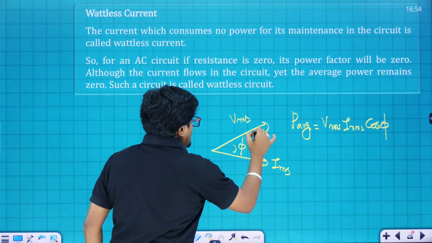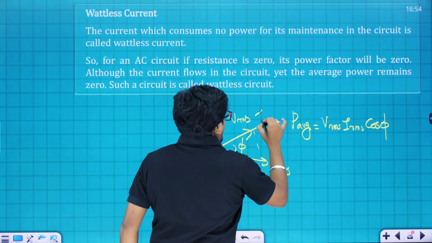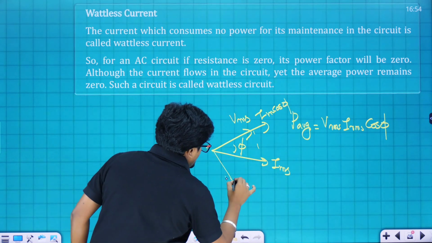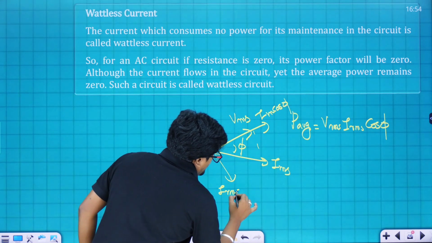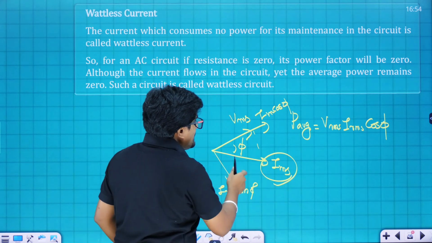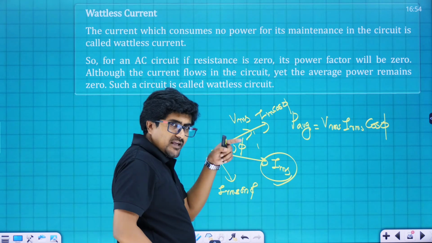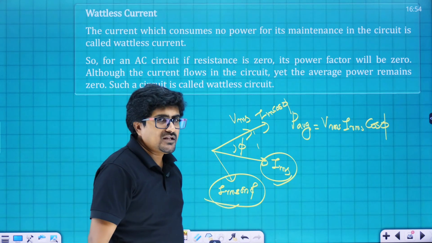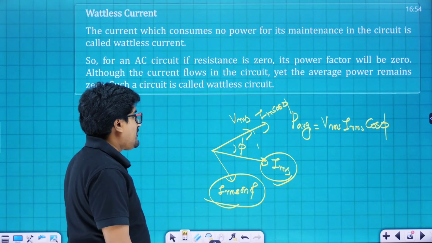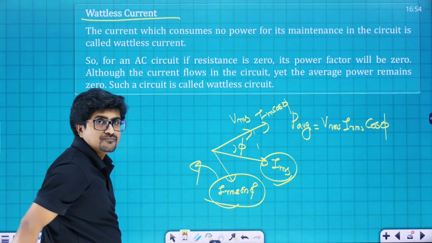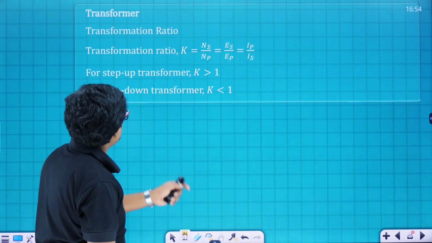That means if I resolve this current, one component is Irms cos phi, and the other is Irms sin phi. Out of this Irms, Irms cos phi contributes to the average power, and Irms sin phi does not contribute to the average power value. So this particular current is known as wattless current.